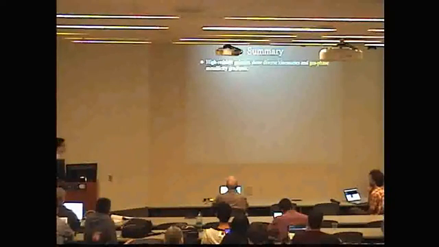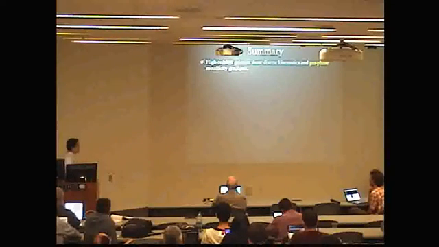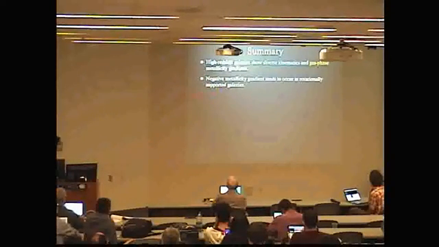To summarize, we show that high redshift galaxies have diverse kinematic properties and metallicity gradients. Also, negative metallicity gradients tend to occur in rotationally supported galaxies, which have a rotating disk.